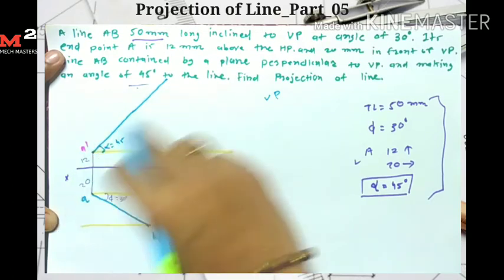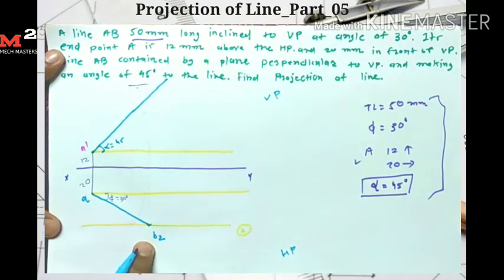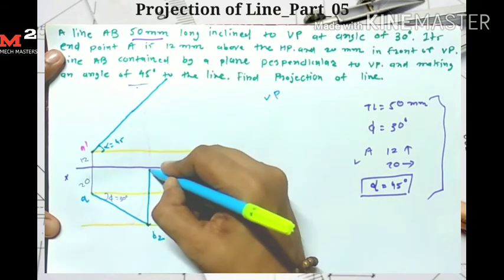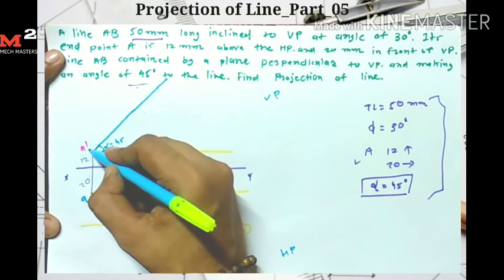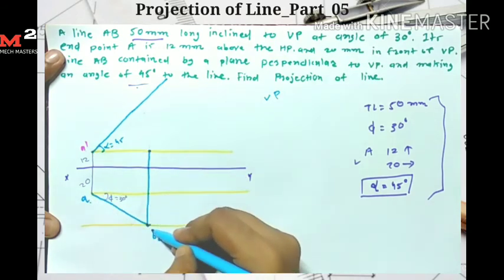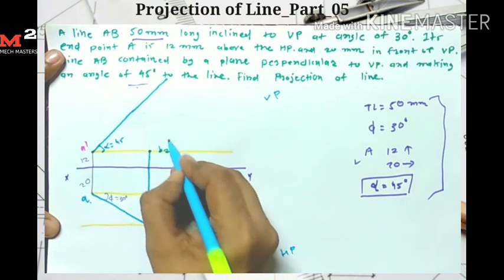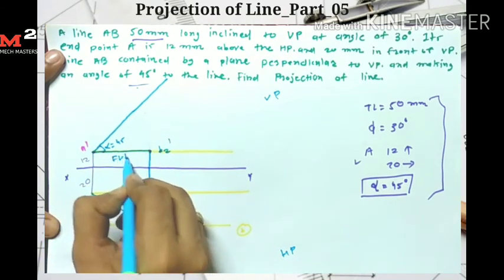Now from this true length I draw the projection here, because we get the projection of A dash here. I take the projection of B2 up to the locus of A dash, so here I get my point B2 dash, and this is my final front view length.